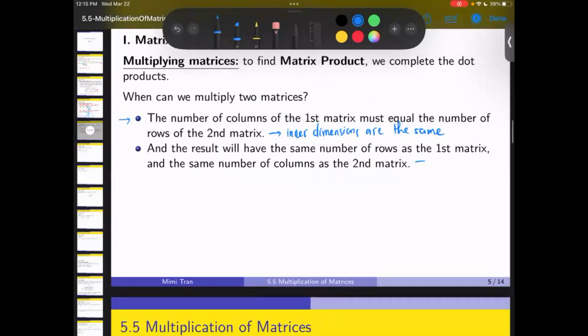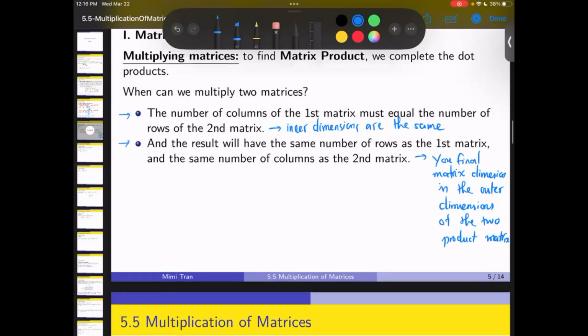This long sentence means your final matrix dimension is the outer dimensions of the two product matrices. Like if we have 1 by 3 times 3 by 1, you end up with 1 by 1, right?